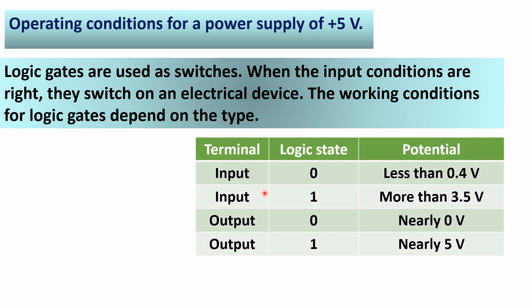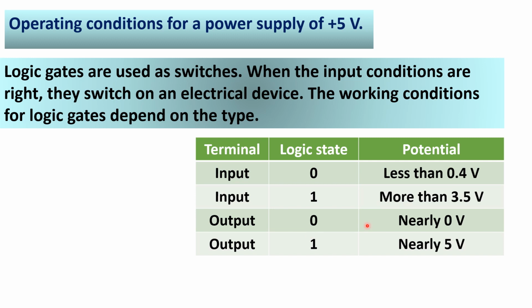For the input, the logic state is 0 if the potential or voltage is less than 0.4 volts. It is at logic 1 if the potential is more than 3.5 volts.